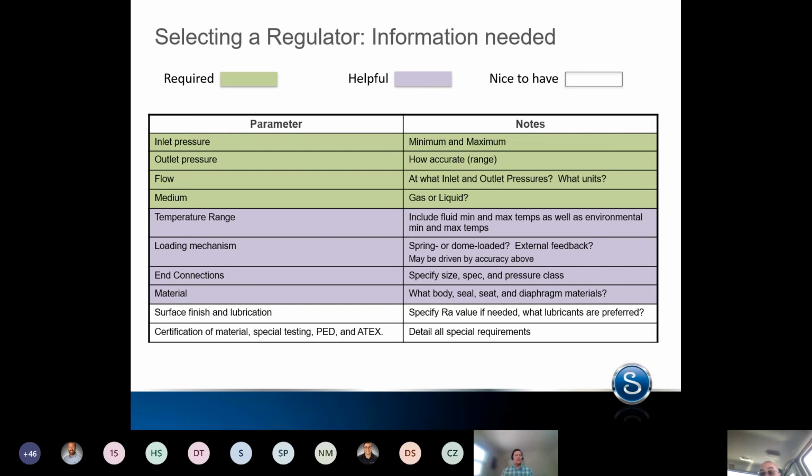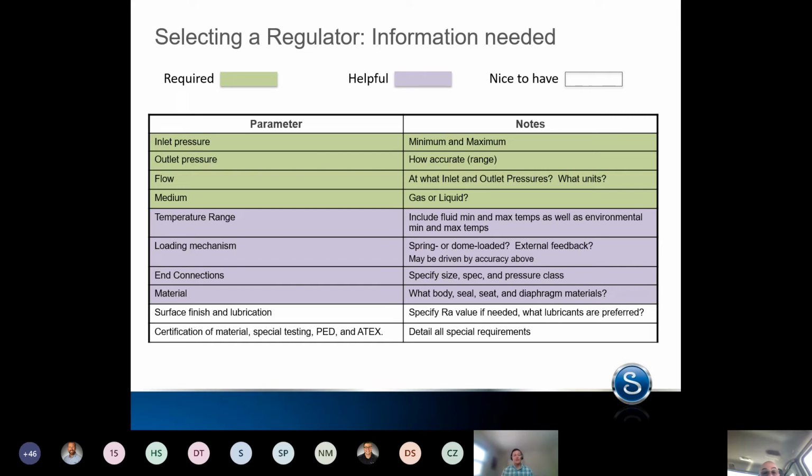In doing these, I've created a kind of cheat sheet on what's required, what's helpful, and what are the things that are just nice to have when selecting a regulator. The required stuff you need to know in order to execute these steps properly: you need to know what the inlet pressure is, and what your outlet pressure is.